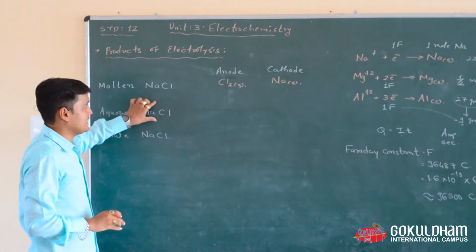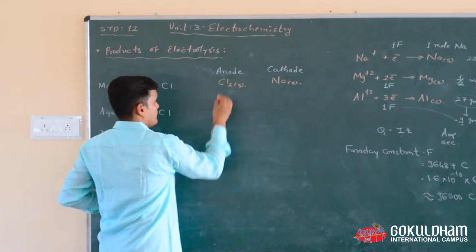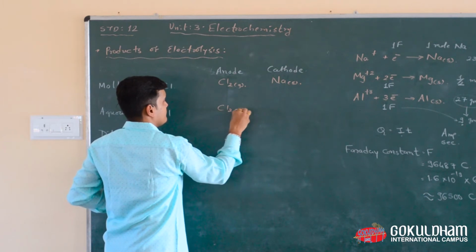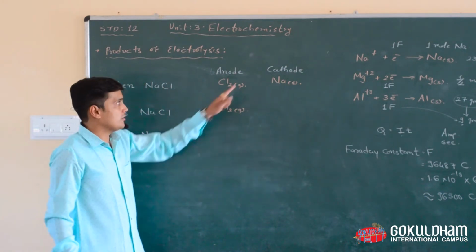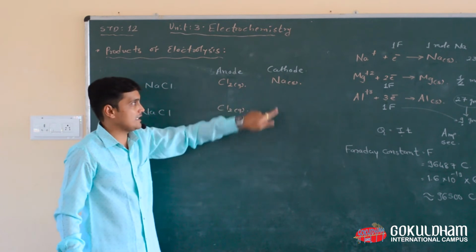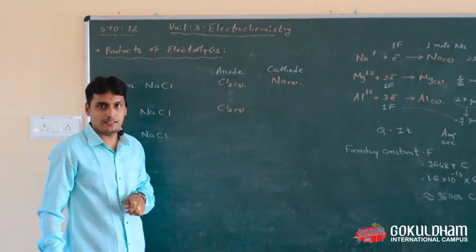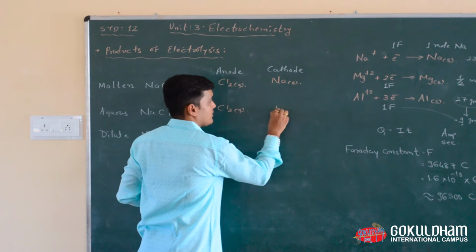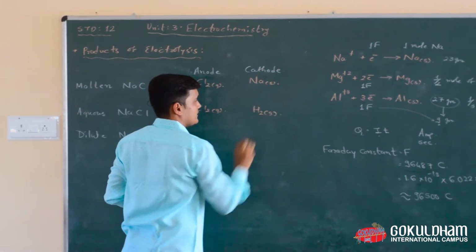In aqueous NaCl, the product on the anode is the same, Cl2 gas, but on the cathode side there is no metal, and we get H2 gas.